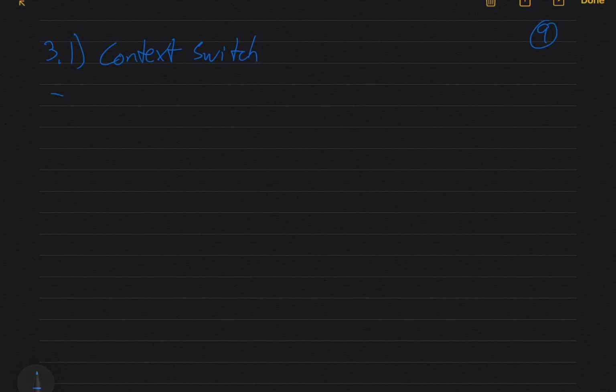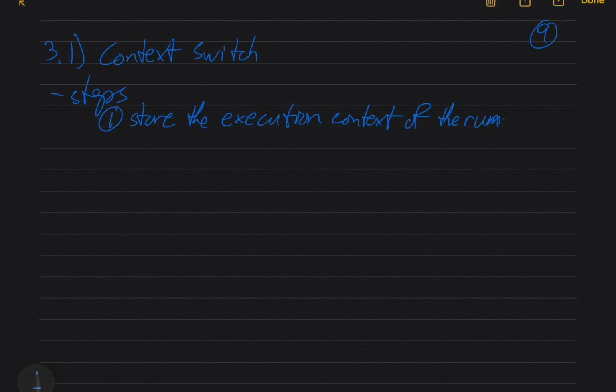So, okay, the steps for a context switch are: 1, store the execution context of the running task. So we need to be able to resume it again later.